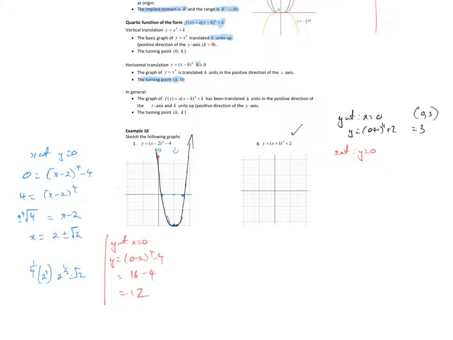I'm going to get 0 is equal to (x plus 1) to the 4 plus 2, negative sign across, take the 4th root, which is plus or minus the 4th root of -2 is equal to x plus 1. So then x is equal to -1 plus or minus the fourth root of -2.